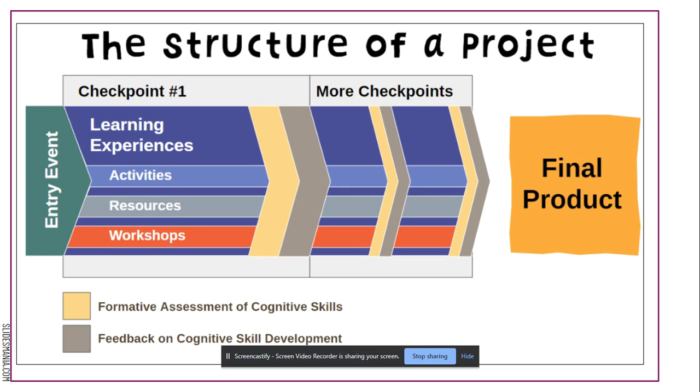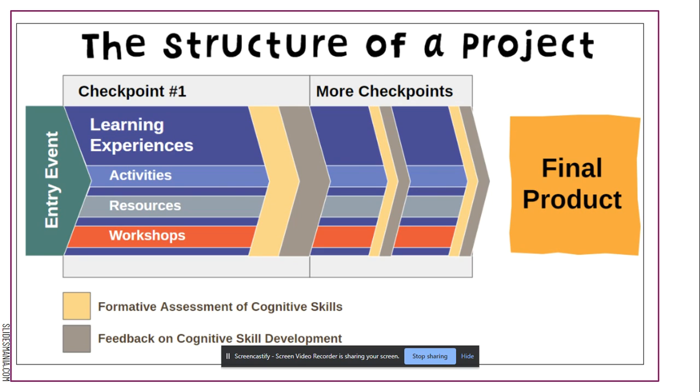Between each checkpoint, students will have formative assessments of cognitive skills and the opportunity to receive feedback on the development of that cognitive skill. Checkpoints will be determined by the specific project, but will end with a final product.